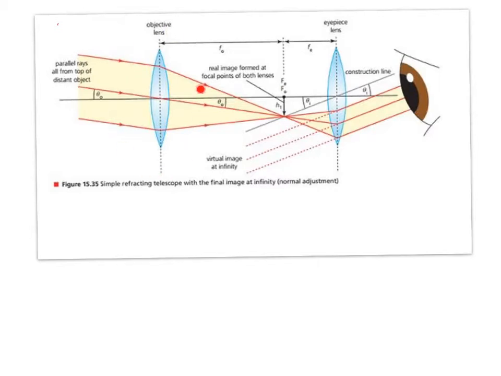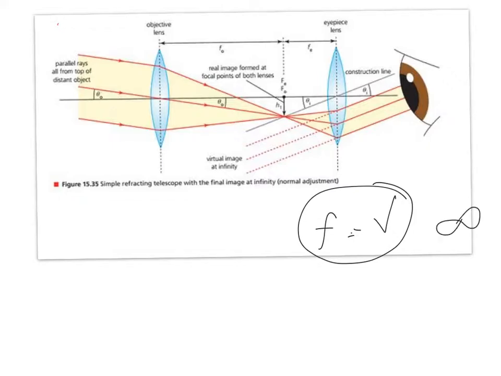Well, the image from the first objective lens has focused onto the focal point of both lenses. So now here we get a magnified image which is focused at infinity. Okay, now why? If you remember the rule, if the object distance equals the focal length, then you end up with a focused image at infinity.